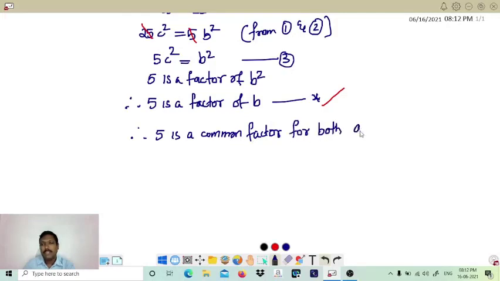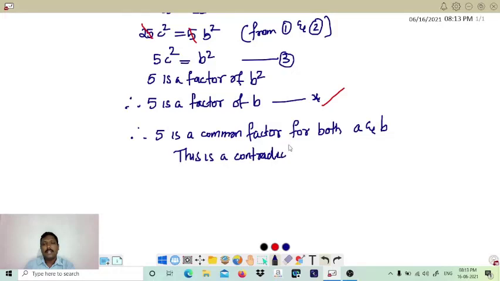So this is a contradiction, because we said a and b are co-prime, that means there are no common factors other than 1. But we got here 5 is a common factor for both a and b, so this is a contradiction.